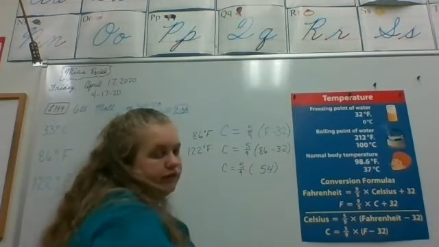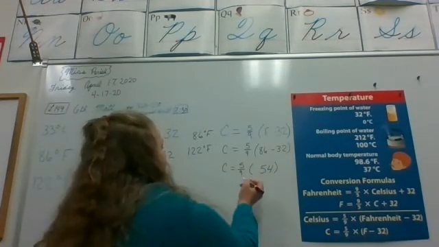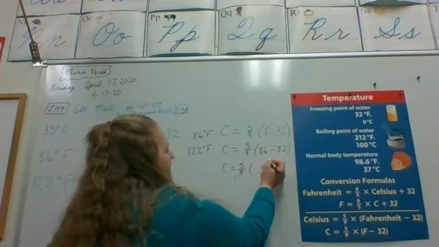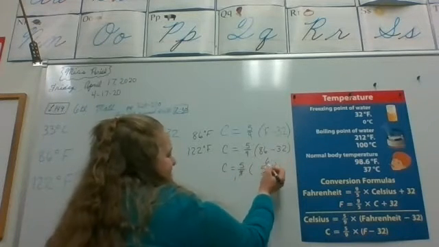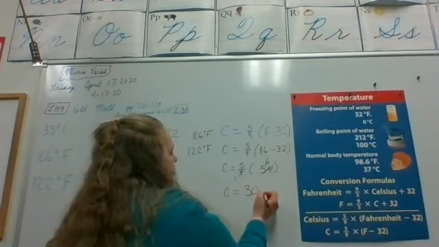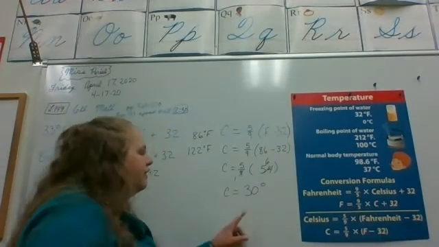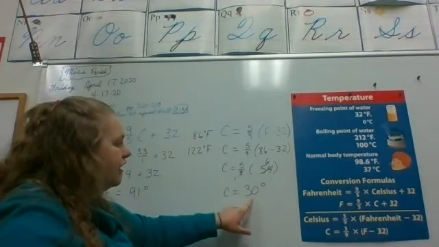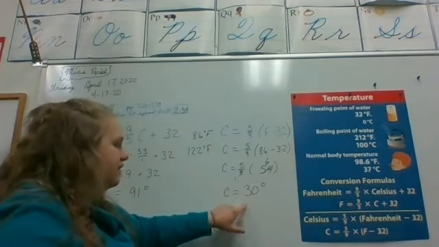Can 9 go into 54? Yes, it can. So this time we would just, 9 divided by 9 is 1, 54 divided by 9 is 6, okay? So now we have 5 times 6, which is 30 degrees. Okay, so C equals 30 degrees. So if it's 86 degrees Fahrenheit, it's 30 degrees Celsius.